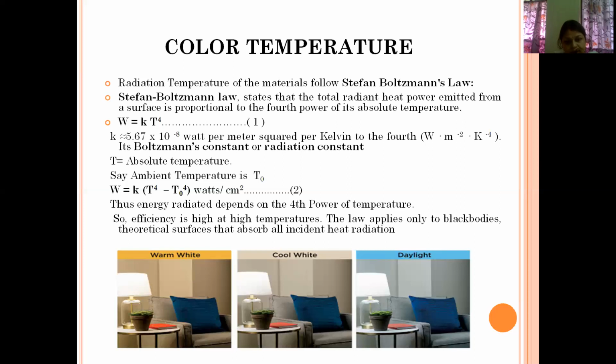So in the warm white situation, how the object and the place look, and in the cool white situation how the place looks. Similarly at daylight, how the place looks. These differences are formed because of color temperature.